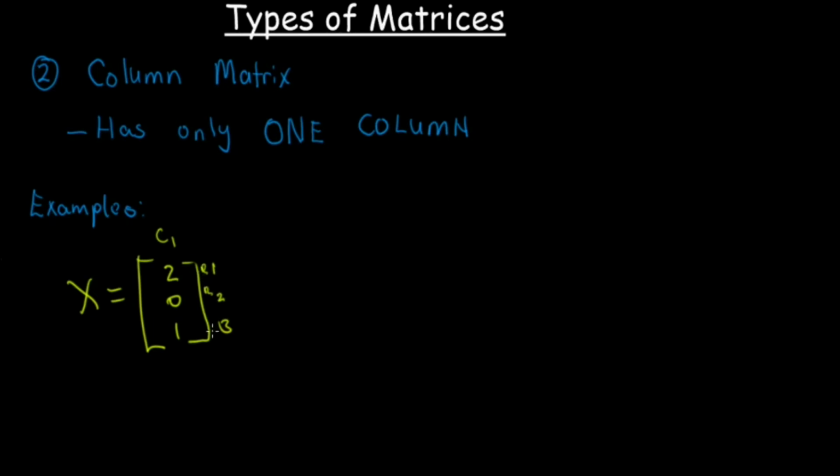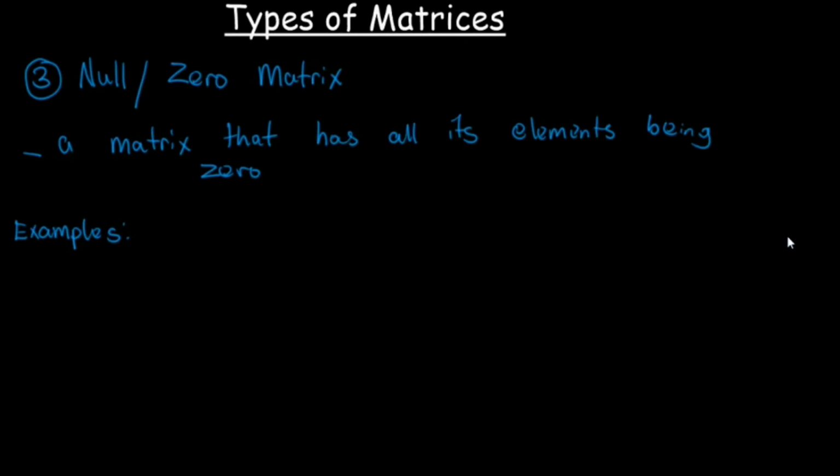Therefore, it would be a 3 by 1 matrix, so it is classified as a column matrix. Likewise, if we have M equal to a matrix with elements 0, 1, this would also be an example of a column matrix.